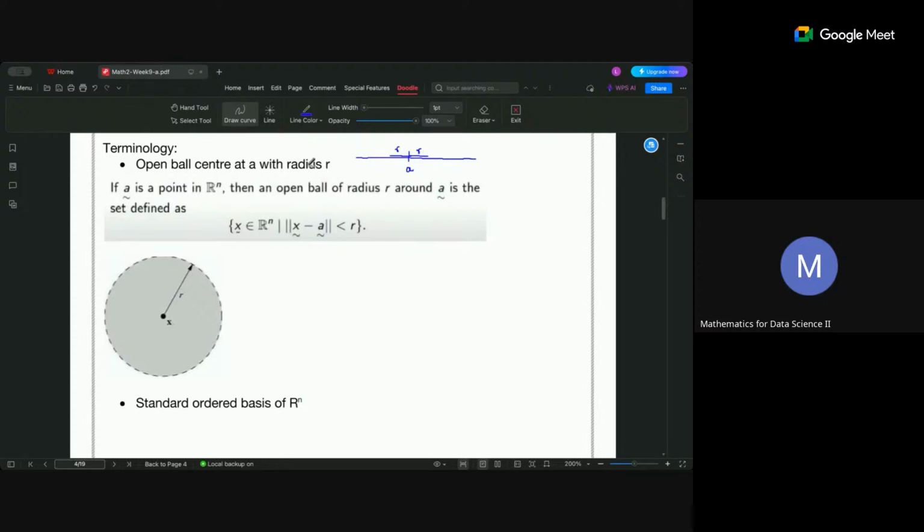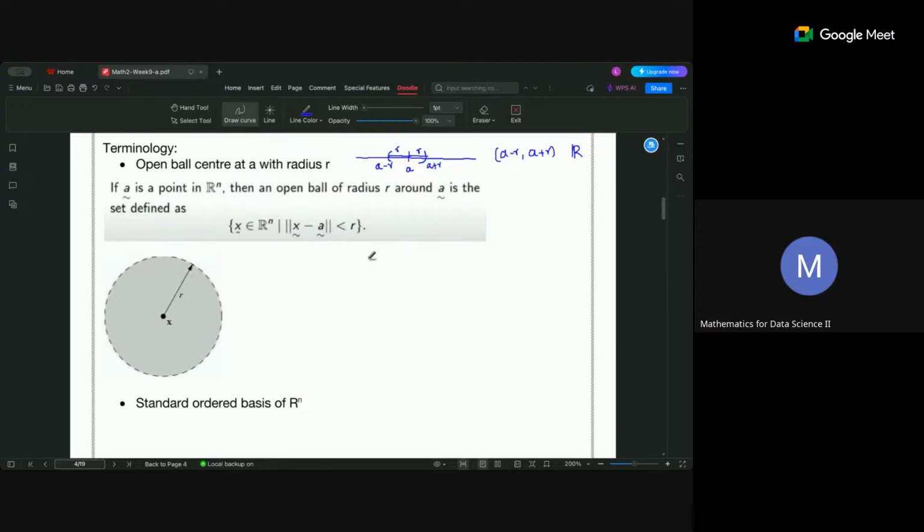Now the word open is mentioned, so I'm putting this open bracket. What is this point now? This is A minus R and this is A plus R. So this open interval A minus R, comma A plus R is called your open ball at A with radius R in R. This is in R, the real line.